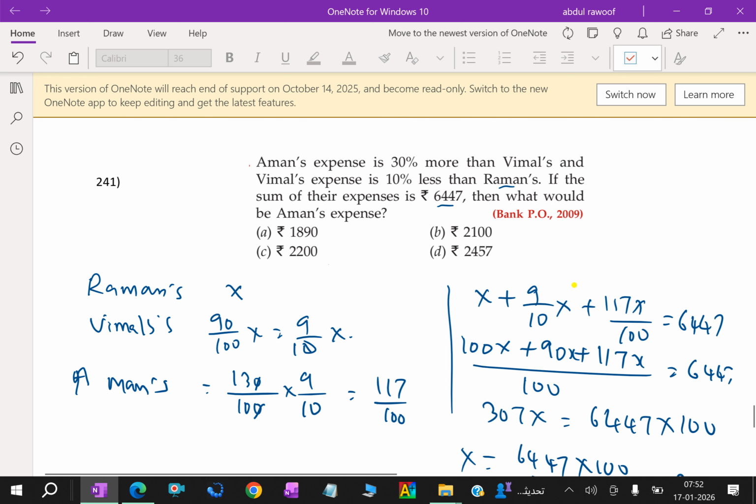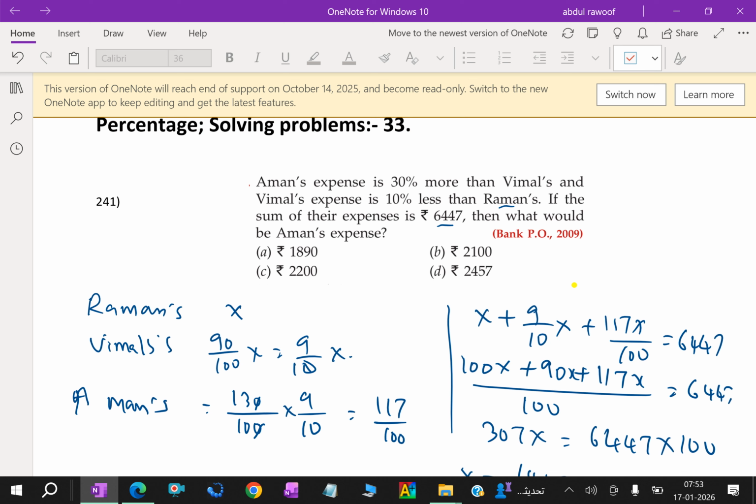Therefore, they are asking what would be A man's expense.